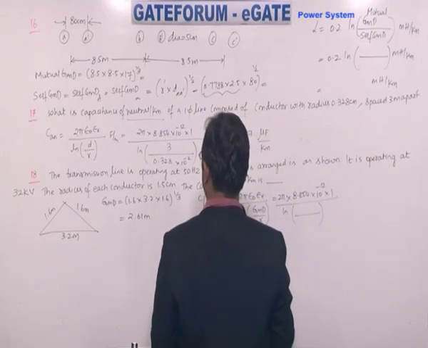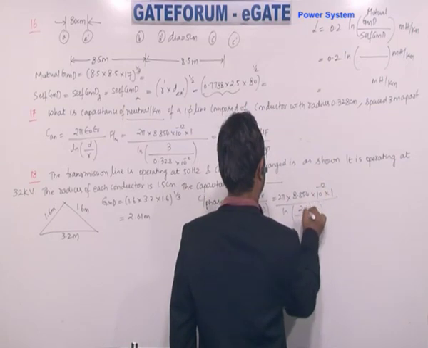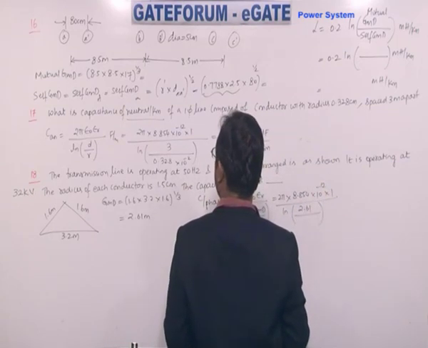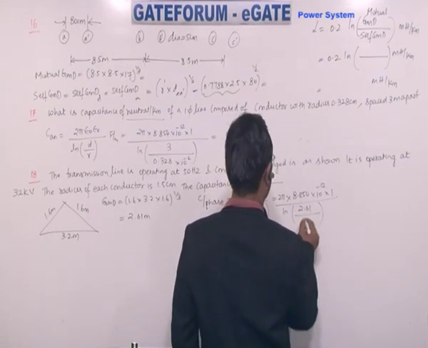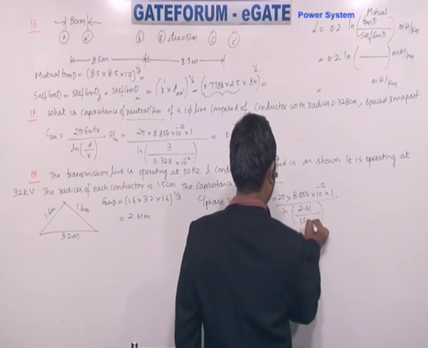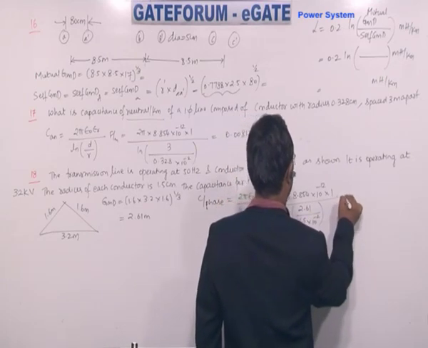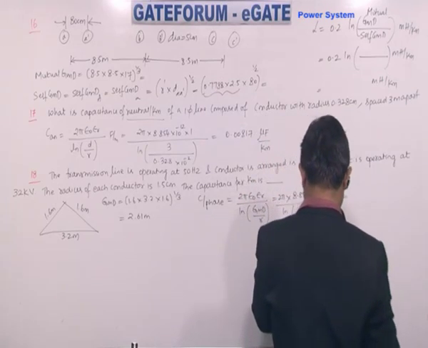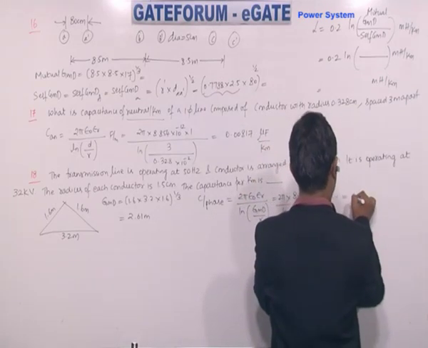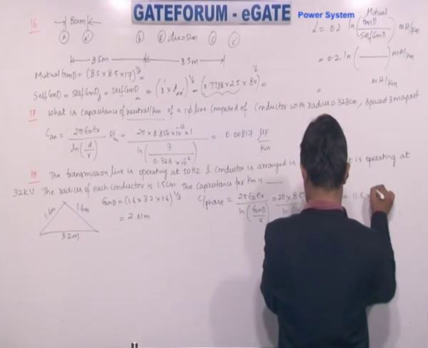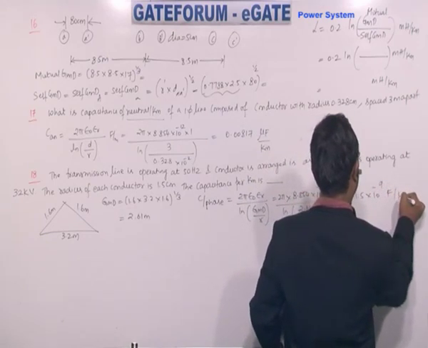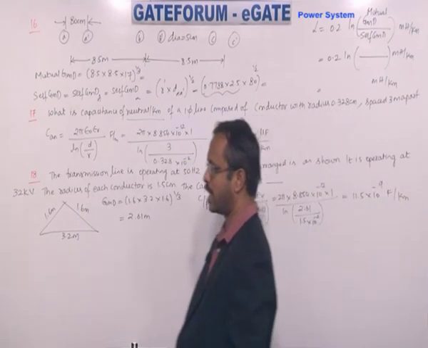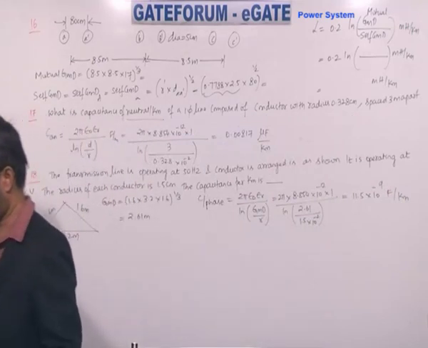What about GMD now? 2.61. What about the radius? 1.5 centimeters. So find out the capacitance per phase. 11.5 10 power minus 9 farads per kilometer.